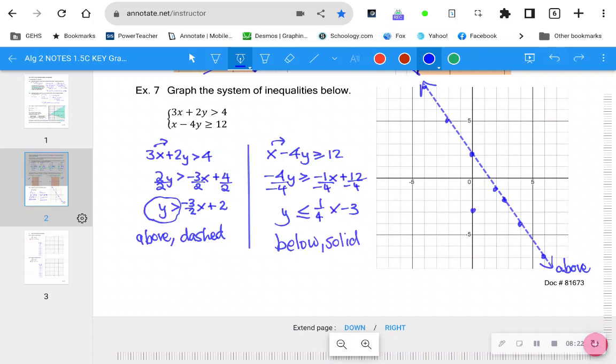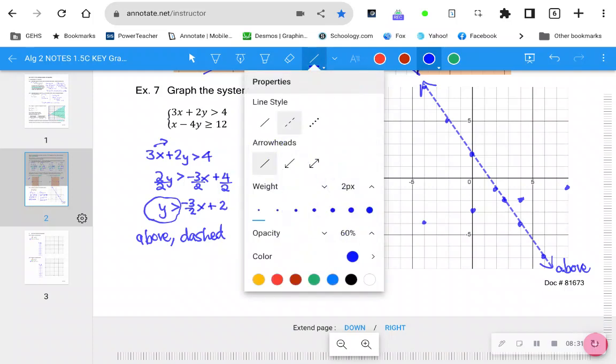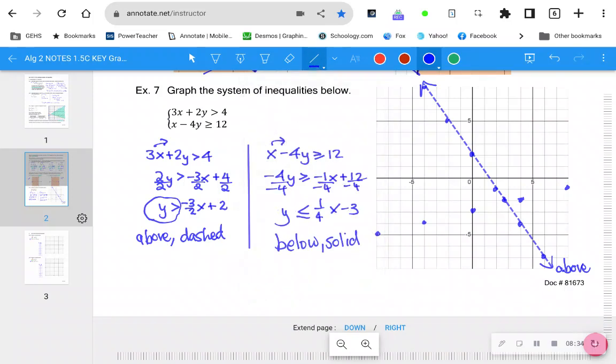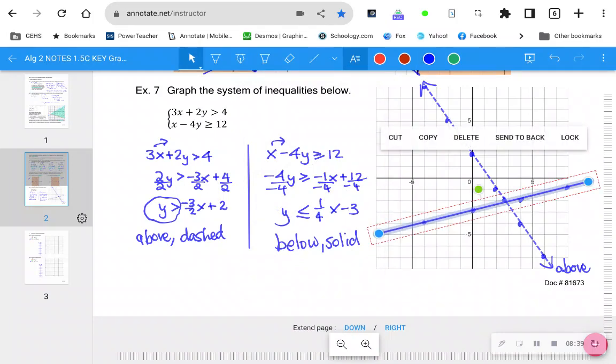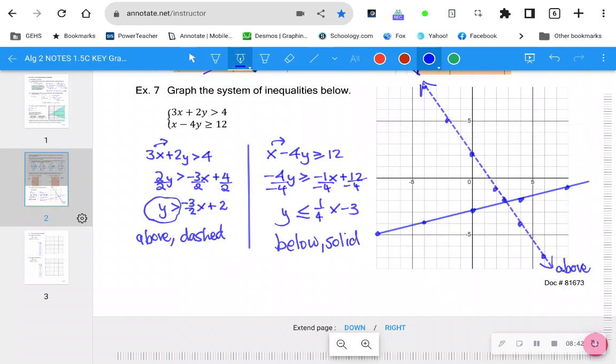And I count out the slope of 1 up and 4 over, 1 up and 4 over, and then go the other direction. And draw a solid border this time. And that means those points on that line actually work, whereas the points on the other line do not work. And we have to stay below that line.